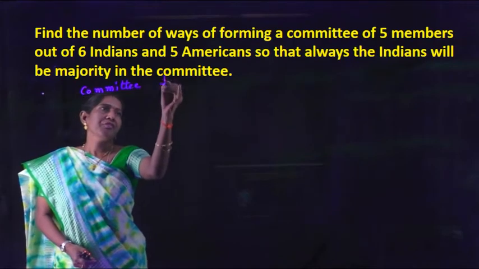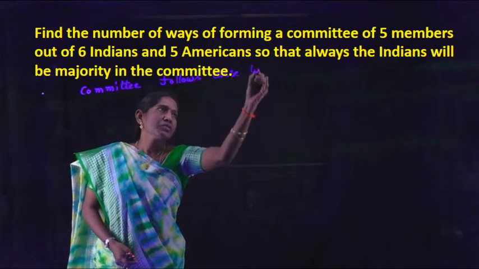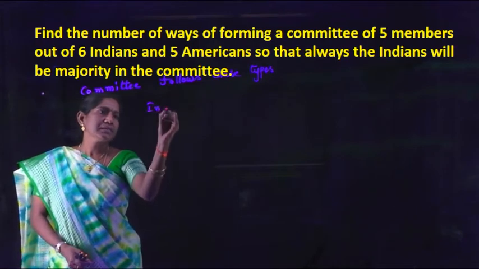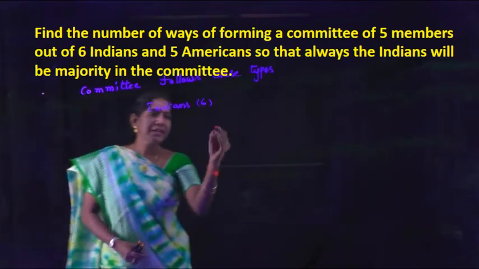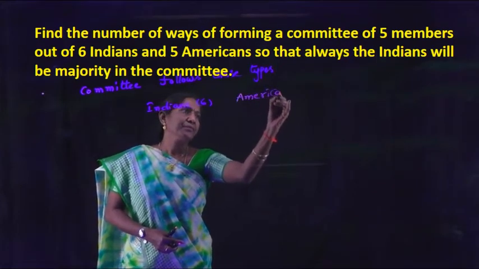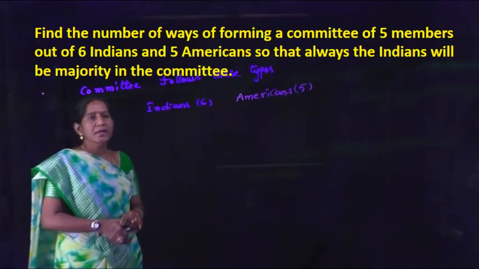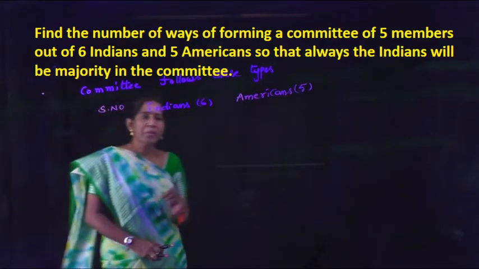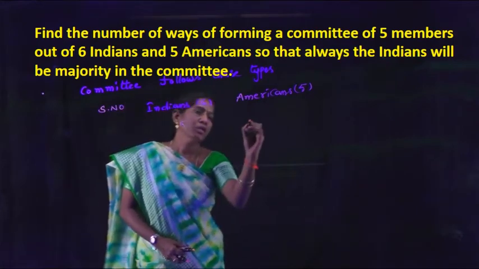The committee follows these types. Here given: Indians 6, Americans 5. We have to check here, Indians will be the majority in the committee. Suppose we select 5 Indians, then no Americans will come.